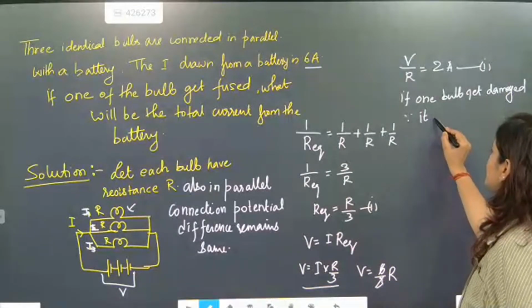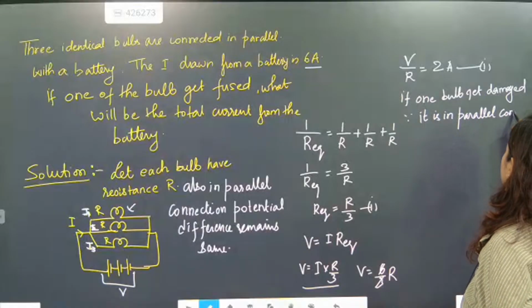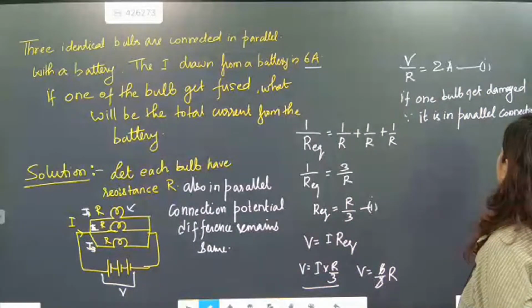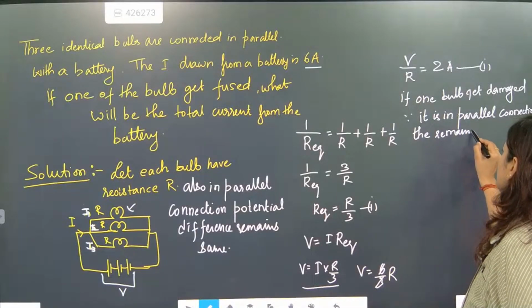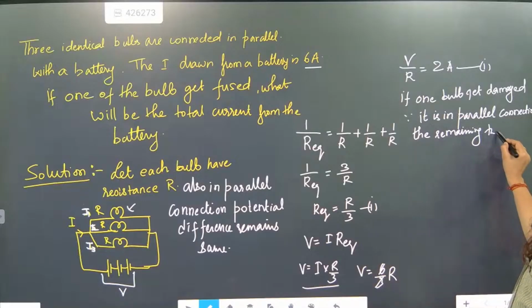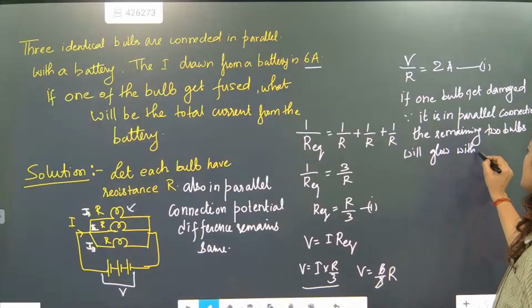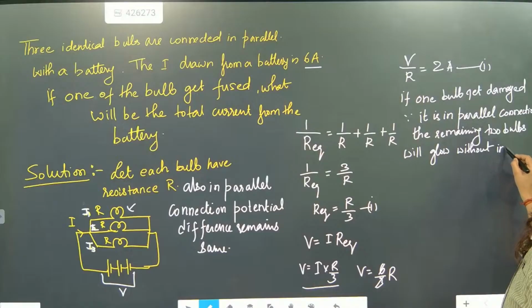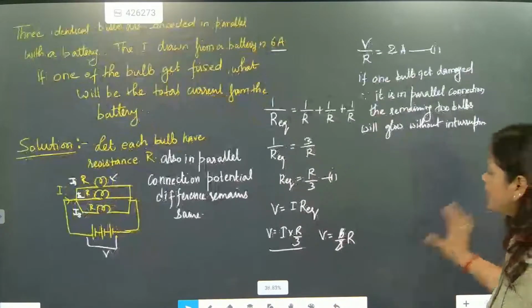Since it is in parallel connection, the remaining two bulbs will glow without interruption. Correct? The remaining two bulbs will glow without interruption. That's the most important thing. The remaining two bulbs will glow.